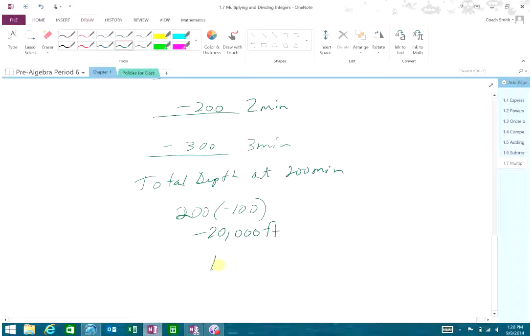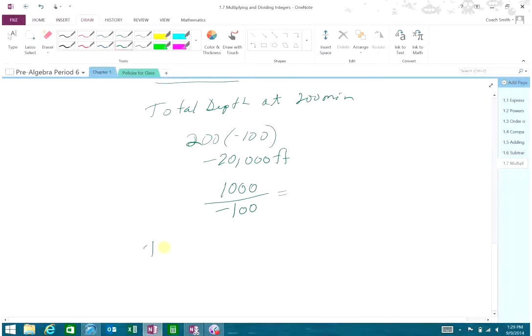You divide 1,000 over negative 100. Okay? Because to multiply you have to have how fast it's going down and how long it's going down. We don't have those two things.